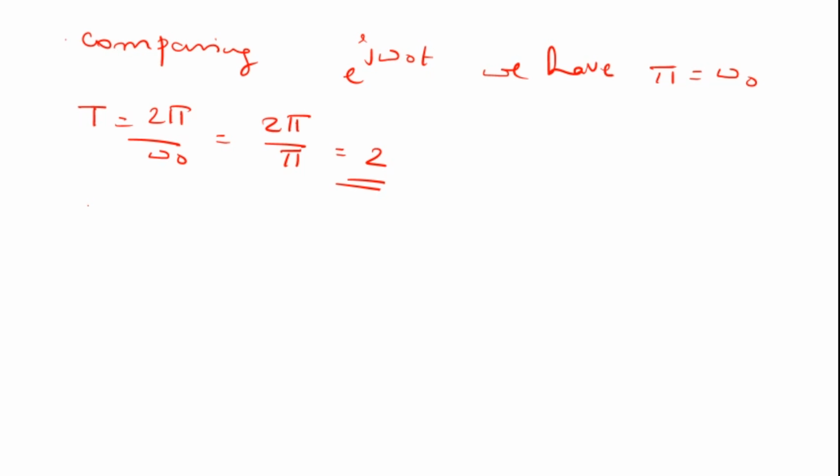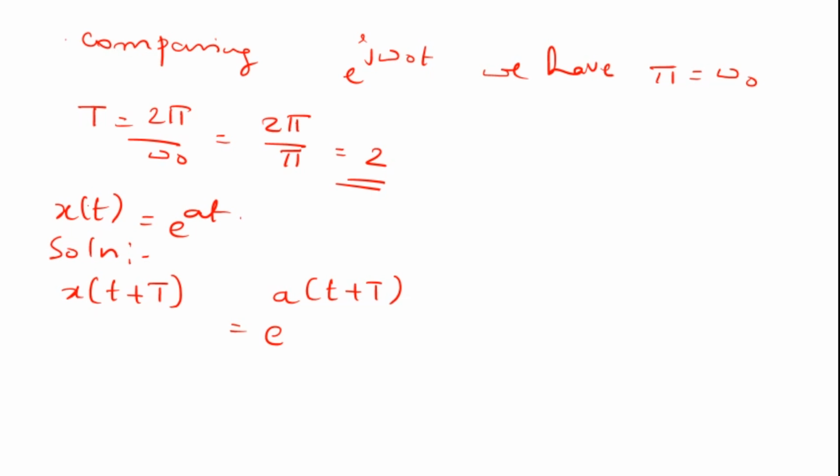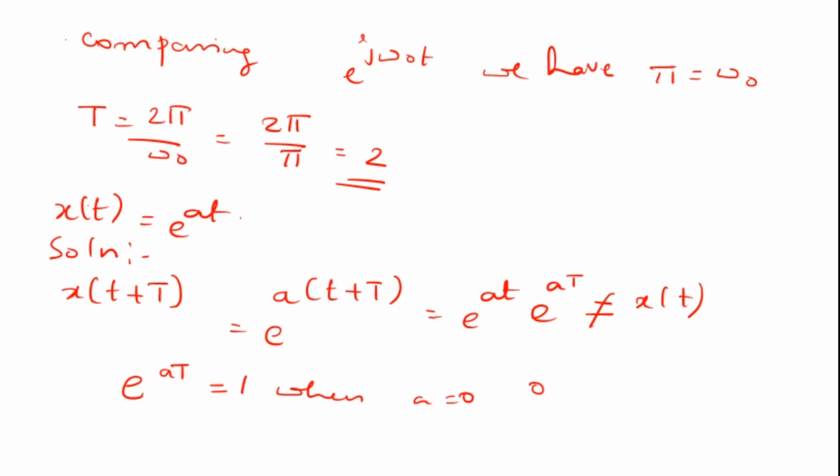Next problem, x of t is equal to e power at. Then x of t plus T is equal to e power a into t plus T, which is equal to e power at into e power aT, which is not equal to x of t, because e power aT is equal to 1 only when a is equal to 0 or T is equal to 0.